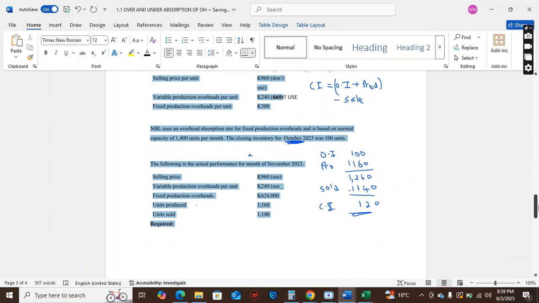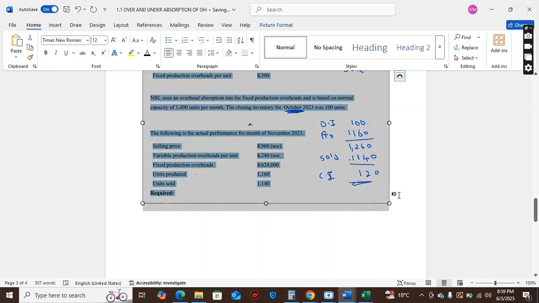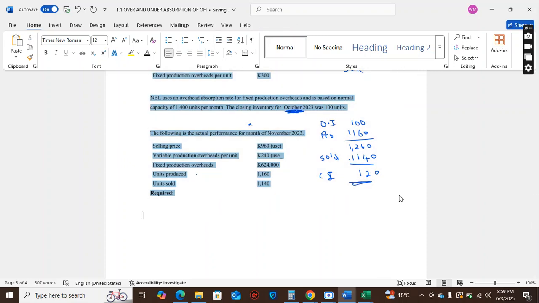We need to calculate our total cost per unit. I forgot to start with that. After you get your opening and closing inventory, get your total production cost per unit.